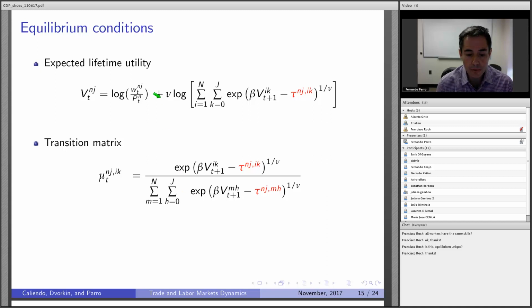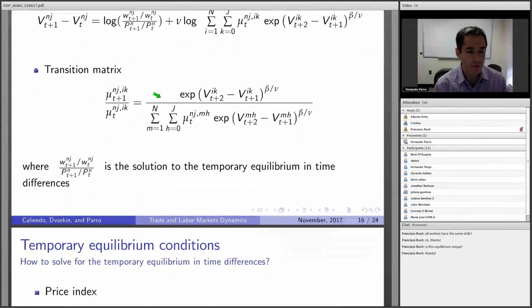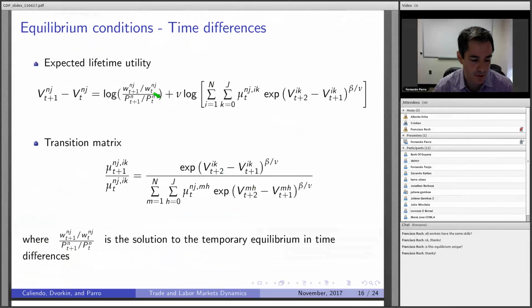And we don't need information on the migration frictions. For the case of the value, which is another equilibrium condition from the household dynamic problem, we're going to do the same. Instead of solving for the values in levels, we are going to express this value function in time differences.